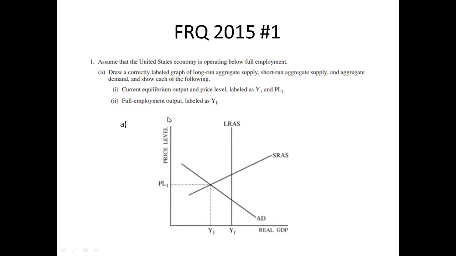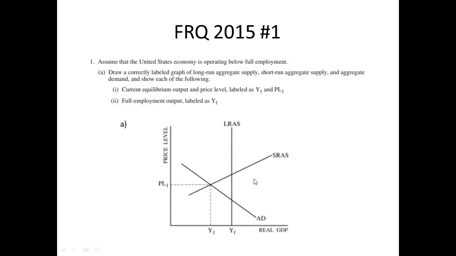This is what our graph should look like. We are below full employment. So our intersection needs to be to the left of our long-run aggregate supply, below full employment. Okay, what does that mean? That means we are in a recession. Below full employment, the wording might be a little weird. We might think, well, below full employment, 3% is less than 5%.